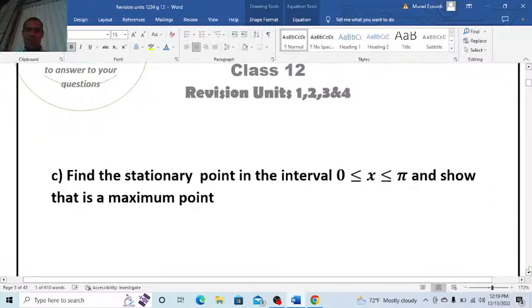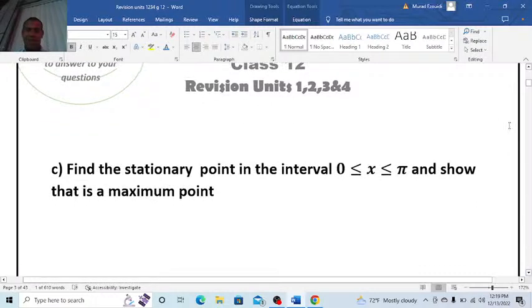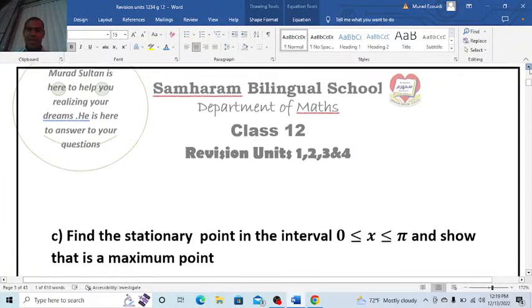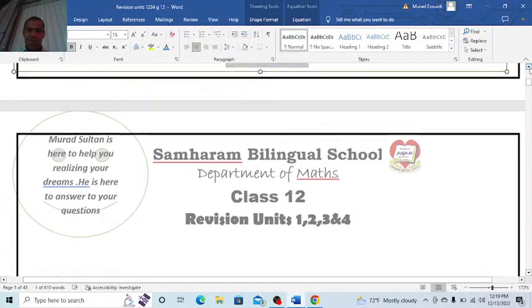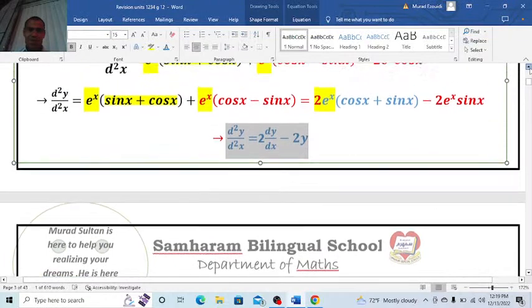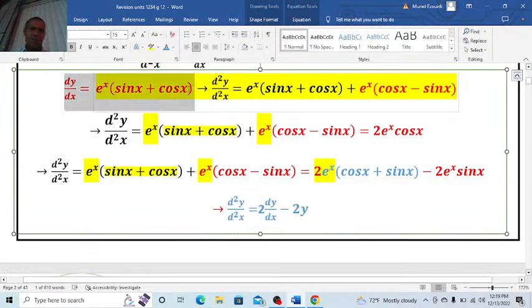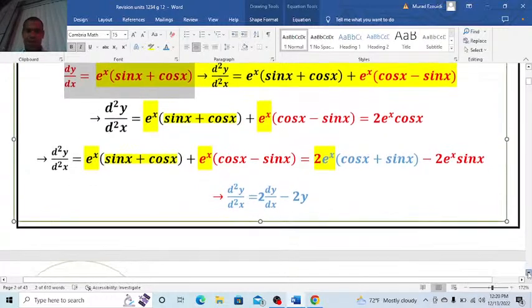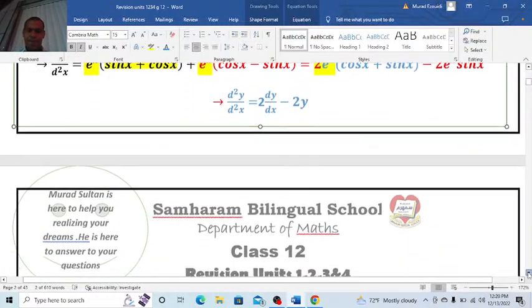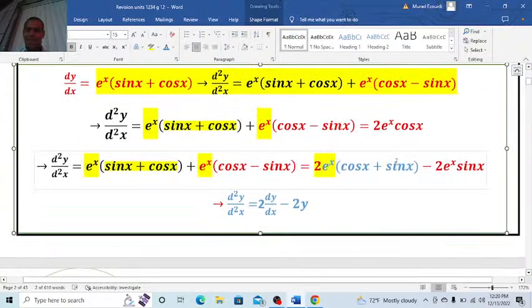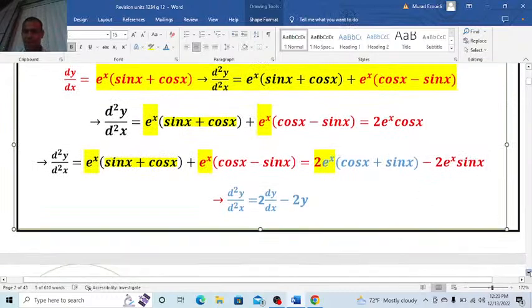First of all, I will use the first derivative of the function, and I should set my first derivative to be 0. This is the first derivative of the function, my learners. I will continue, I will go down.